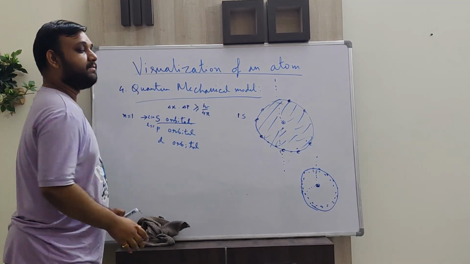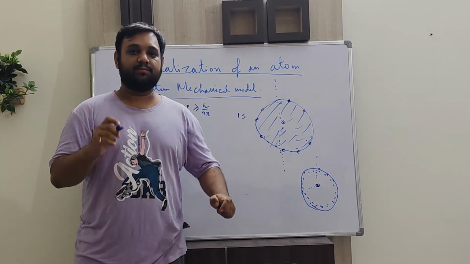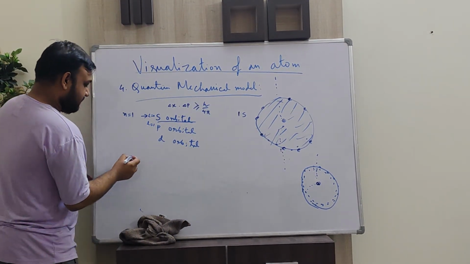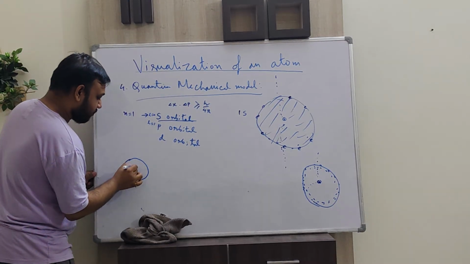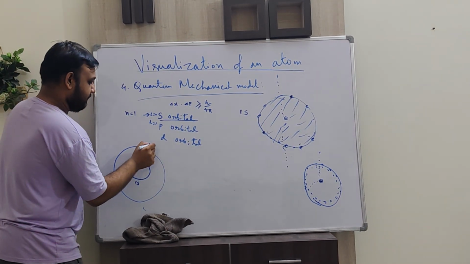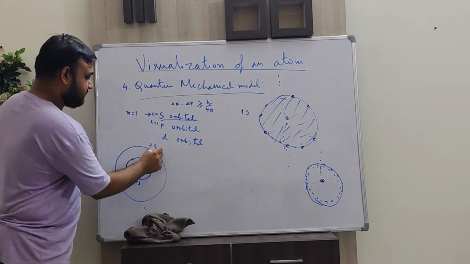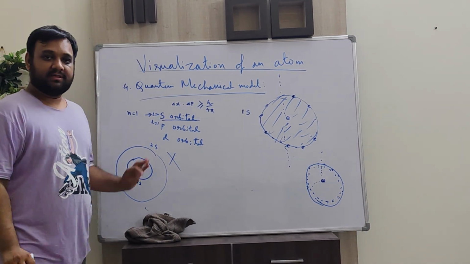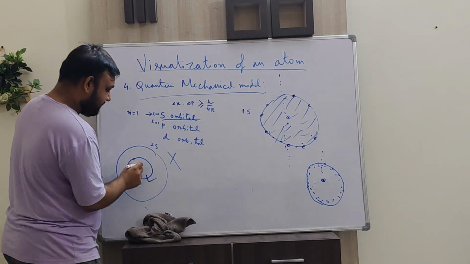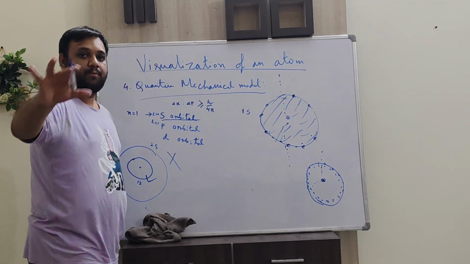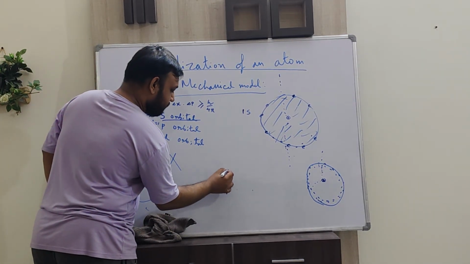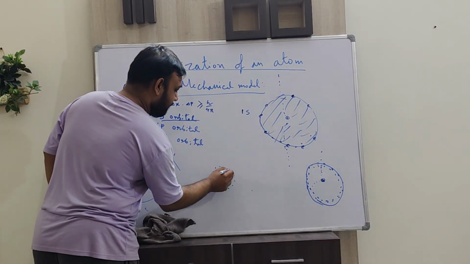Do you know why? Because in most teachers' explanations and even inside the book, it is not properly mentioned how it looks. Generally you will draw the 1s orbital like this and the 2s orbital as a bigger version of that. But that is totally wrong. That is not the way we have to visualize it. If the 1s orbital is like this, a spherical region of probability of finding the electron, then for the 2s orbital, let's draw the 1s orbital here.